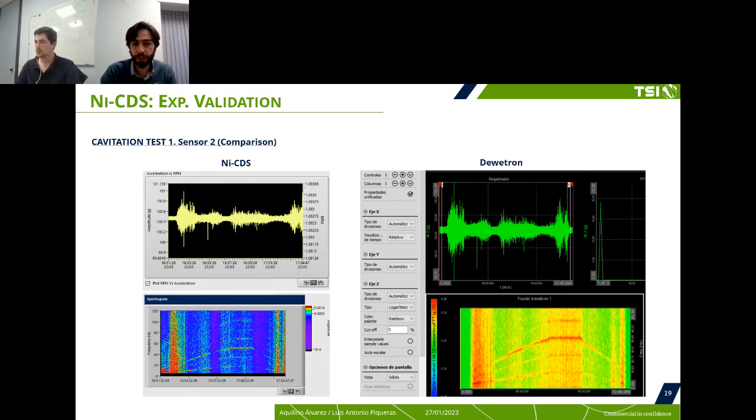And we managed to get very similar patterns with our system and the system they have already installed. That gave us a lot of confidence in the data processing inside our system. Next, please.